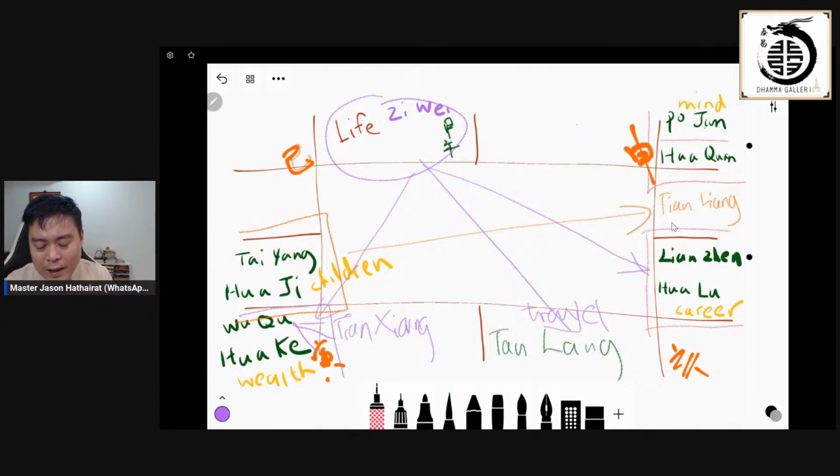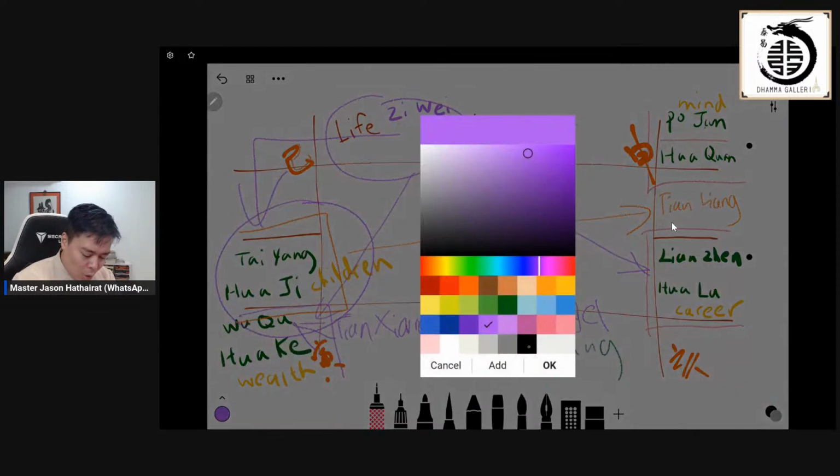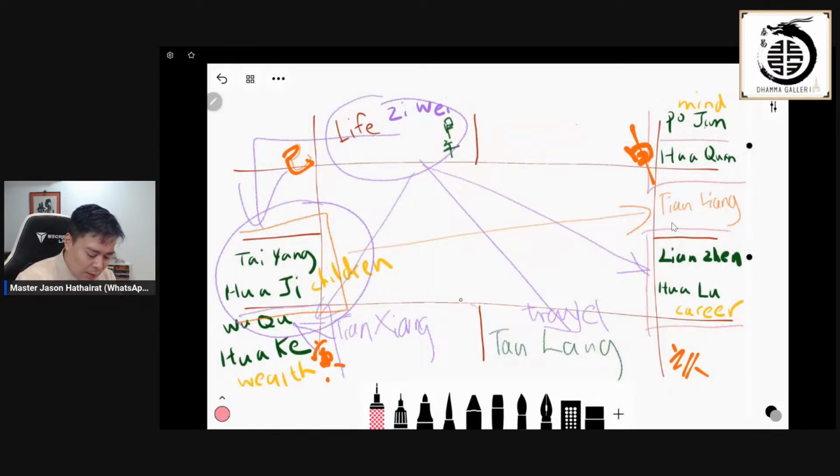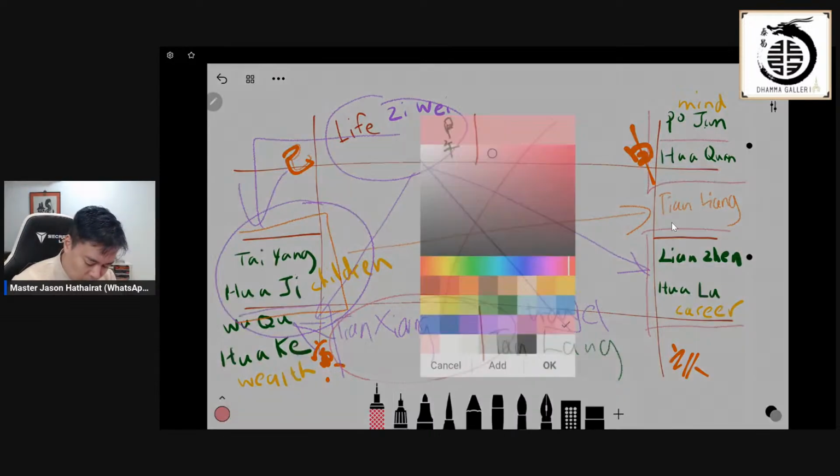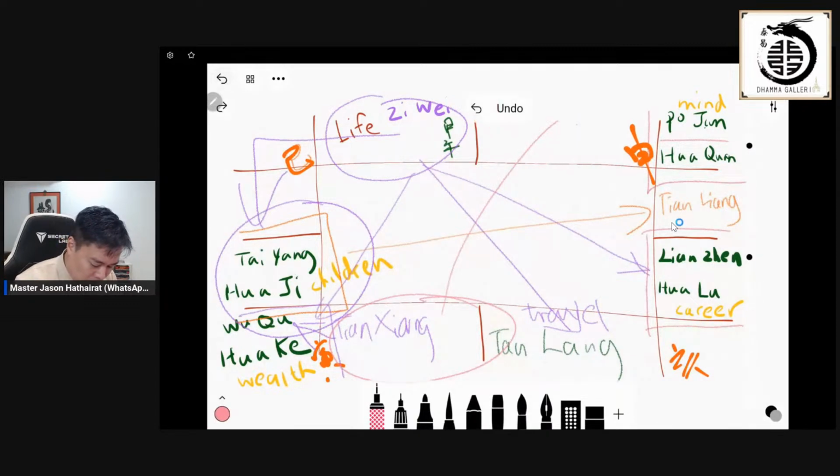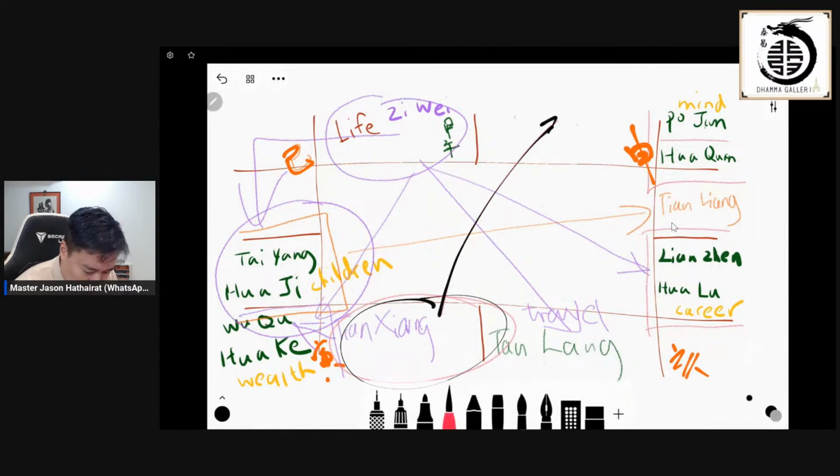When that person has a decade trend that moves to the children's domain, then that person will have 化禄 at the decade, pairing with the spouse domain.